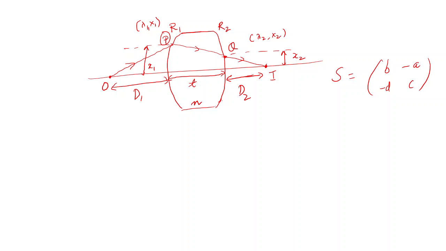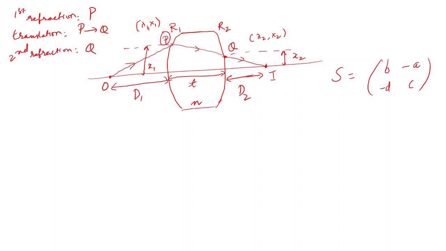So we have these two coordinates, and the ray propagating is undergoing two different refractions, one refraction at point P and another refraction at point Q, but in between, going from P to Q, it is a translation. So we have first refraction, sorry, at point P. Then we have translation. Translation is to go from P to Q. And then we have another refraction, that is the second refraction at point Q.